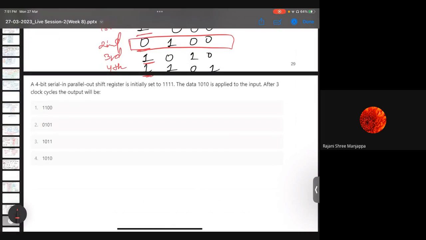So initially it is set to 111 and this 1010 is applied to the input. And it is asking after 3 clock pulses. Just let me know what is the answer coming.